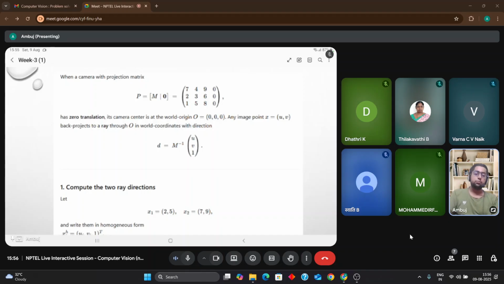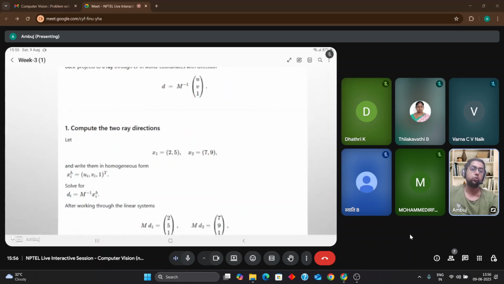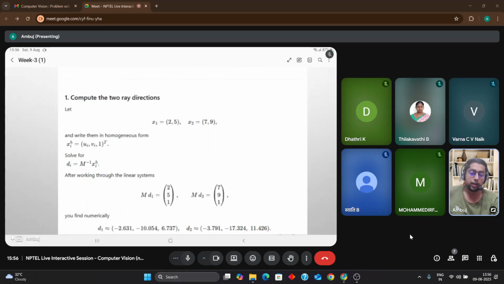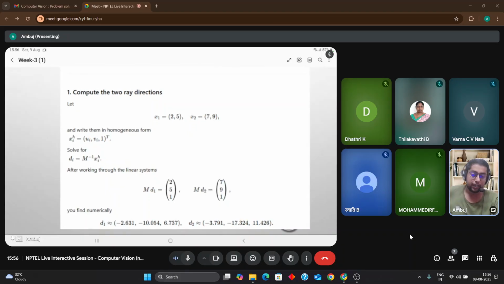So you try to compute the two ray directions. x1 is given as (2, 5) and x2 is given as (7, 9). Then you resolve this in homogeneous form and solve for the direction vectors di. So M d1 we take as (2, 5, 1), and M d2 we take as (7, 9, 1).